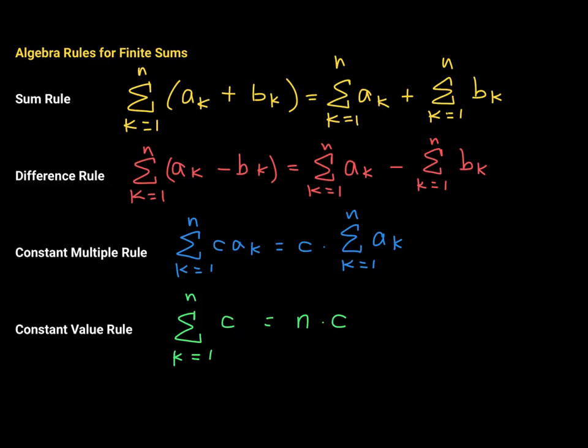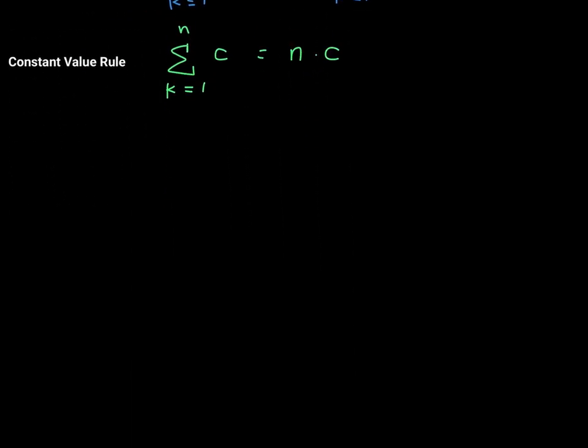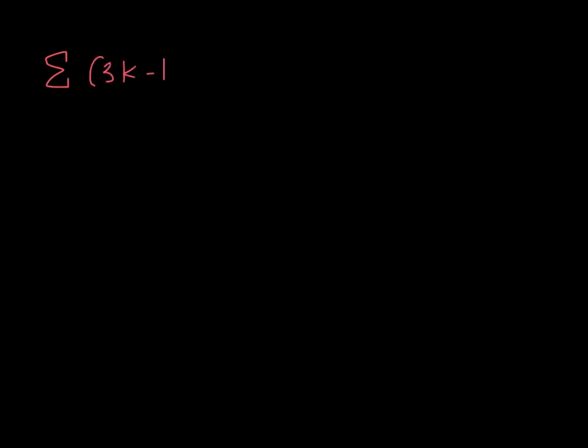So let's illustrate how we can use these rules to evaluate some sums. What if we had the sum of, let's say, 3k minus k squared as k goes from 1 to n? Well, first of all, this 3 here can be factored out, but before we do that, notice that this is a difference.